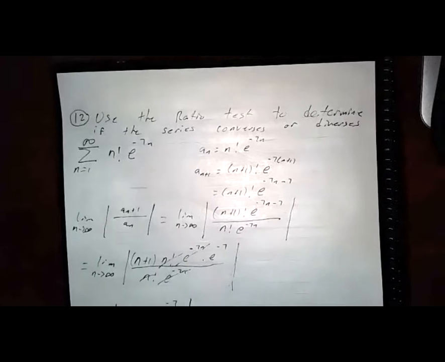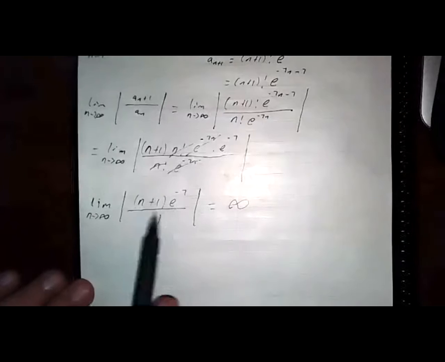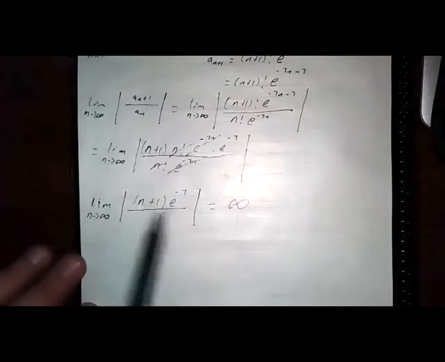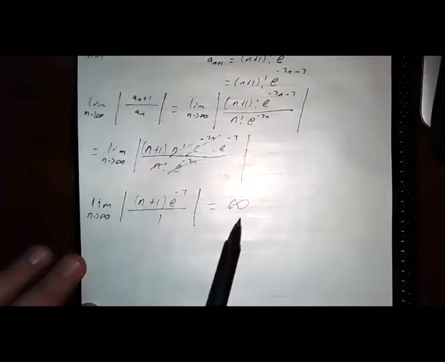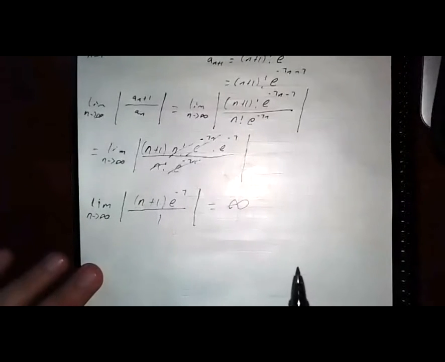Looks like this is infinite, right? Because e to the negative 7 does nothing. The n is on top and goes to infinity, so the whole thing goes to infinity.